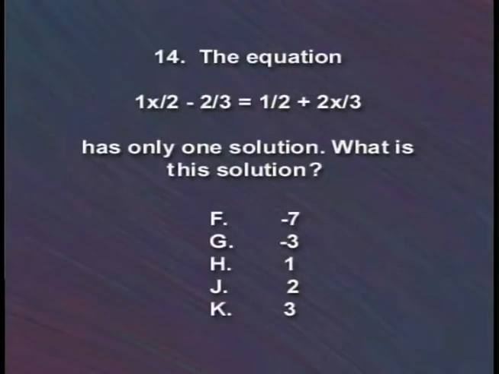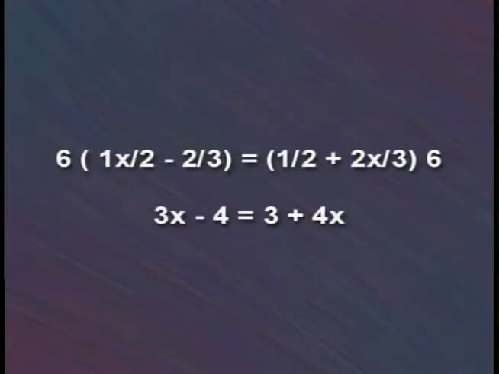Problem 14. The equation 1/2 x minus 2/3 equals 1/2 plus 2/3 x has only one solution. What is this solution? Let's eliminate the fractions by multiplying both sides by a common denominator. The least common denominator of 2 and 3 is 6.